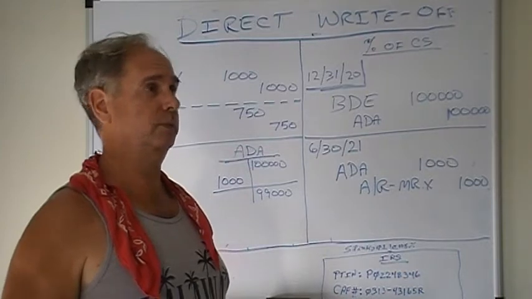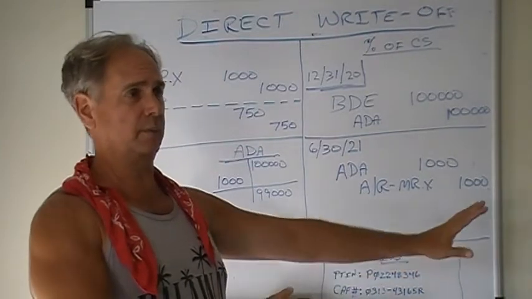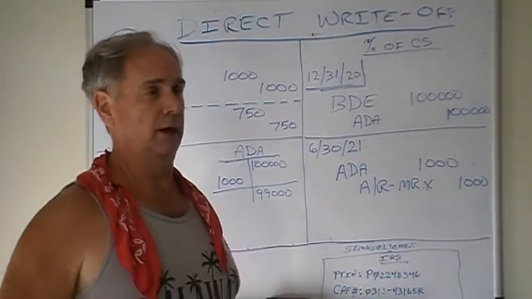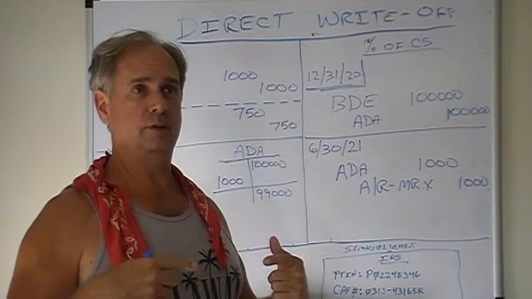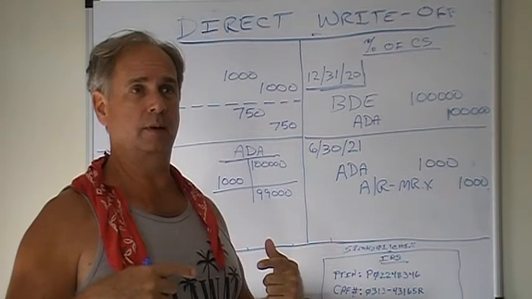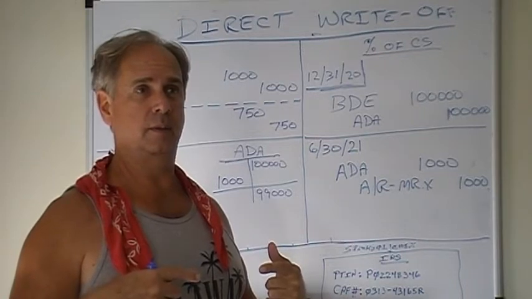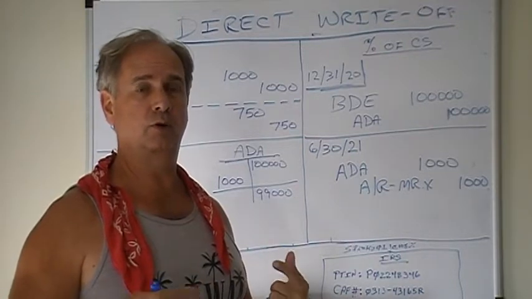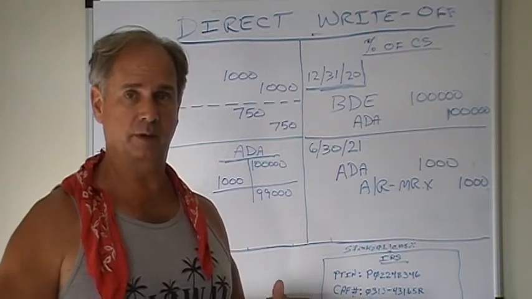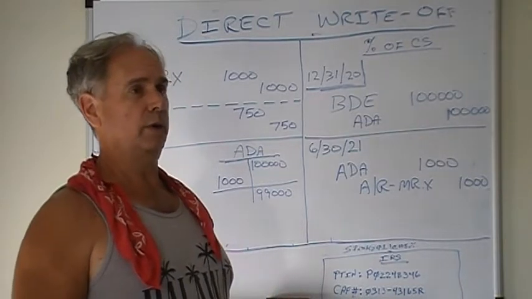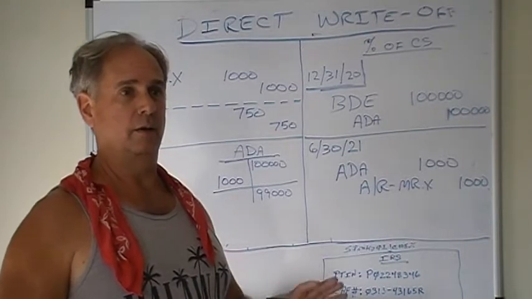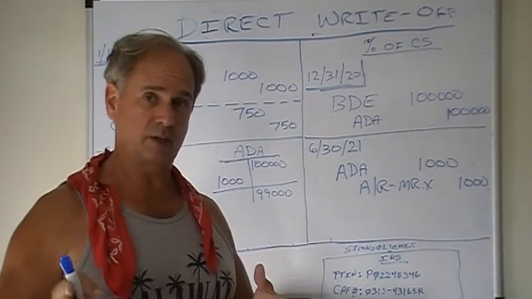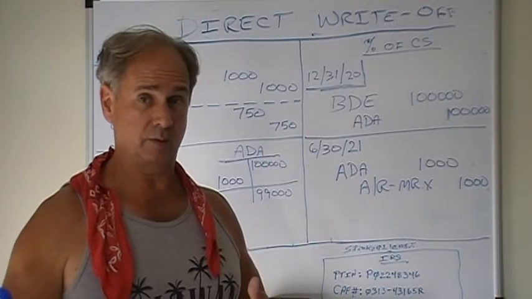So what I do is I go through my books, and I do an analysis. Now, we're going to use the percentage of credit sales methodology first. Okay. So what I do is I look at my credit sales. And remember, credit sales is a revenue account.